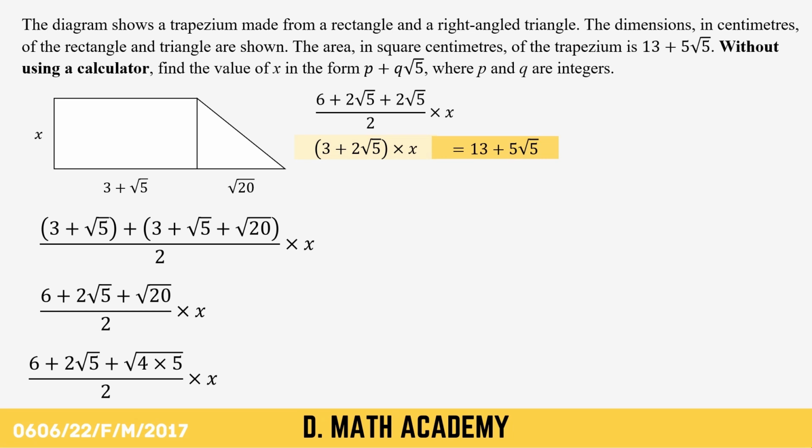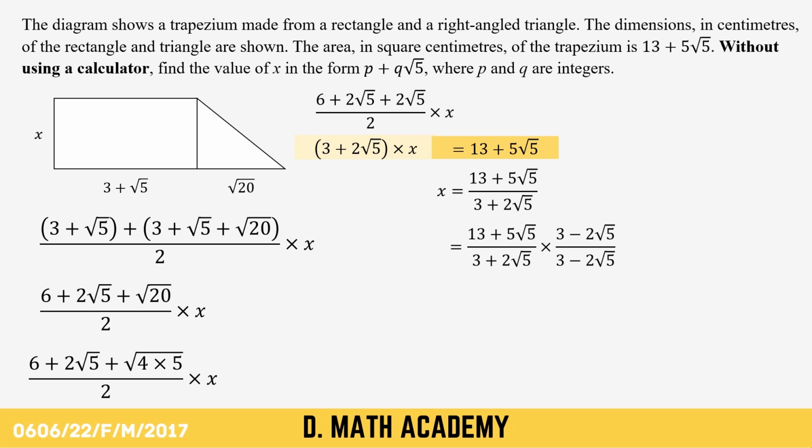So your x here will be 13 plus 5 square root 5 divided by 3 plus 2 square root 5. So I try to rationalize the denominator by multiplying a 3 minus 2 square root 5 into both of them. So you have a denominator of 3 squared minus 2 square root 5 bracket squared.